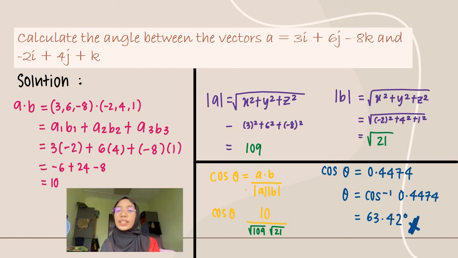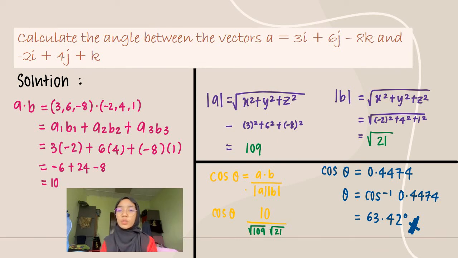Next, the formula is A1 B1 plus A2 B2 plus A3 B3. Enter the number into formula. 3 open bracket minus 2 close bracket plus 6 open bracket 4 close bracket plus open bracket minus 8 close bracket open bracket 1 close bracket. After multiply, minus 6 plus 24 minus 8 equal 10.